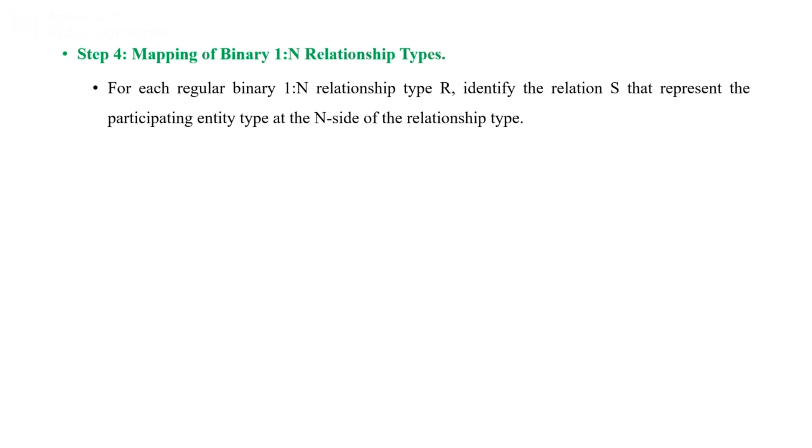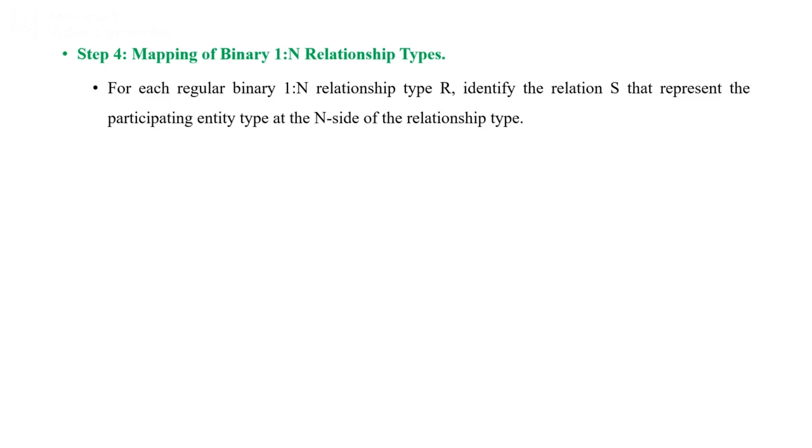Now we will see the explanation. For each regular binary 1:n relationship type R, identify the relation S that represents the participating entity type at the n side of the relationship type.